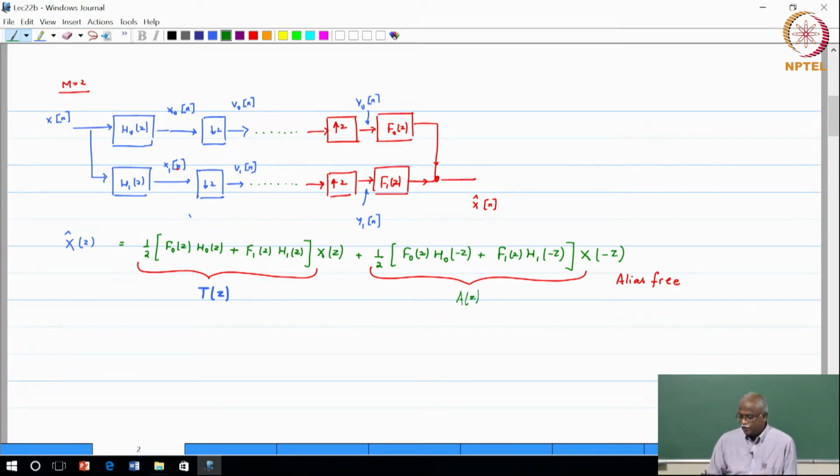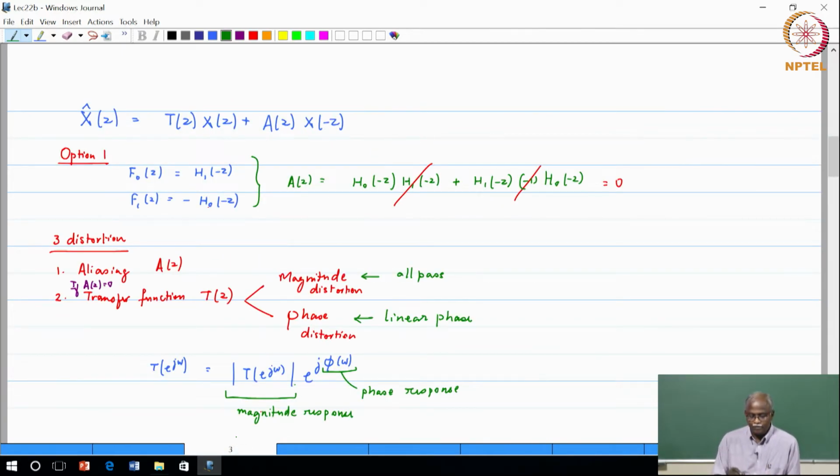A of Z. Now if A of Z is set to 0, then we get alias free condition, and that is something that we had already looked at, because there was one choice of filters that showed that the aliasing can be cancelled. And again, this is something that I am sure you can try out.